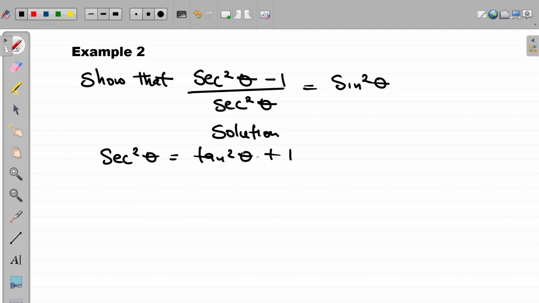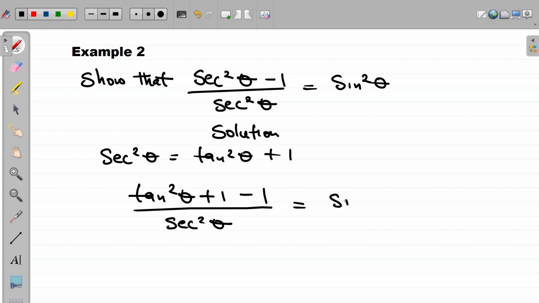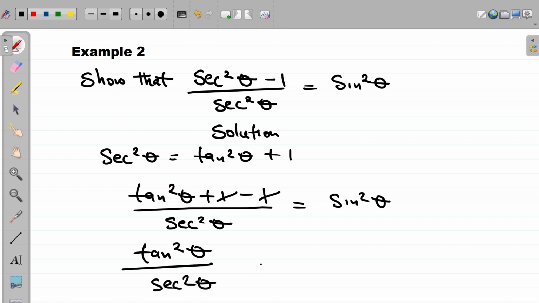So therefore, in our left hand side, our numerator becomes tan square theta plus 1 minus 1, divided by sec square theta, equal to sine square theta. Now plus 1 minus 1 we cancel out. So we are left with tan square theta divided by sec square theta, which is equal to sine square theta.